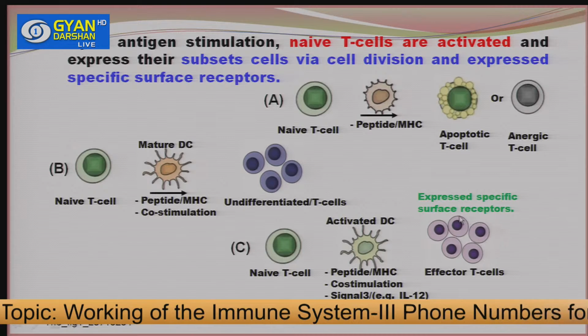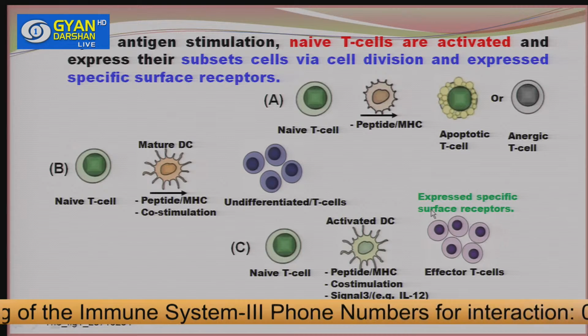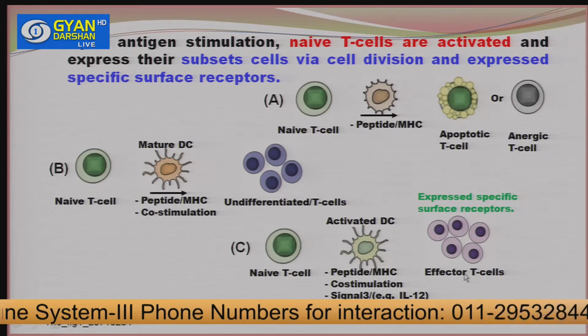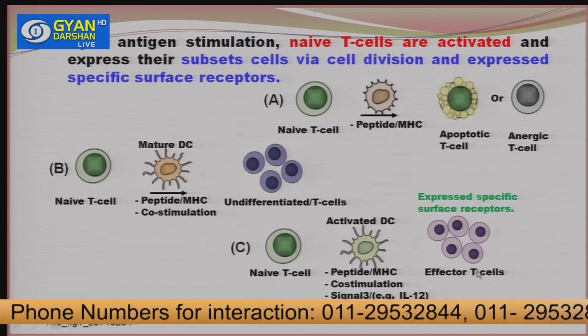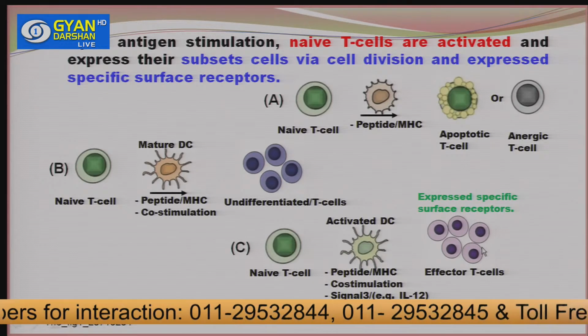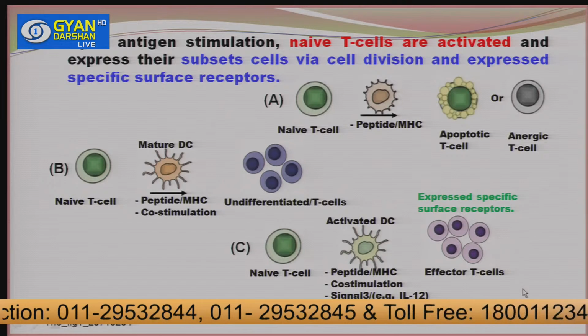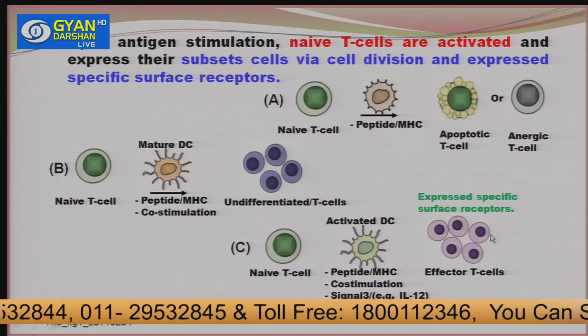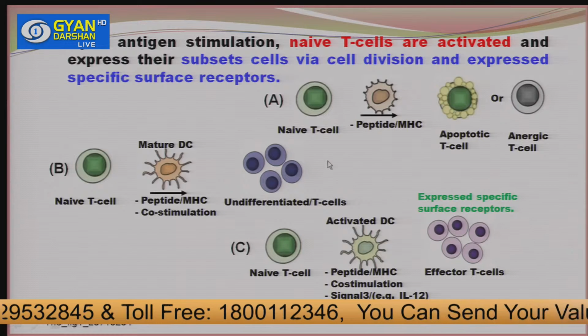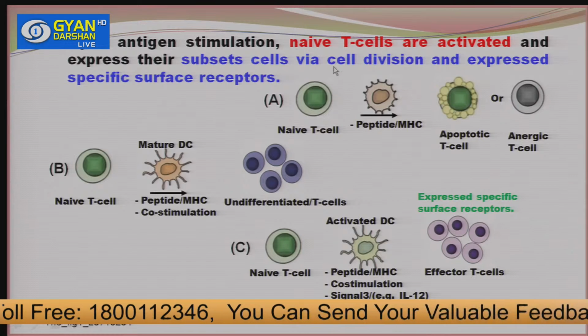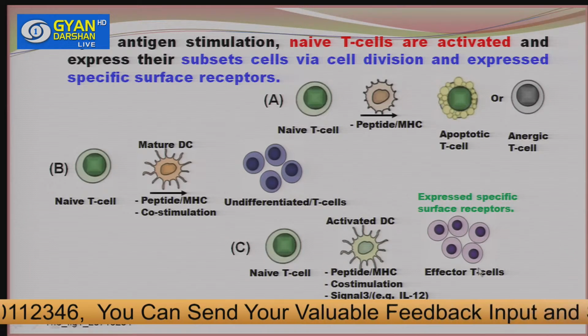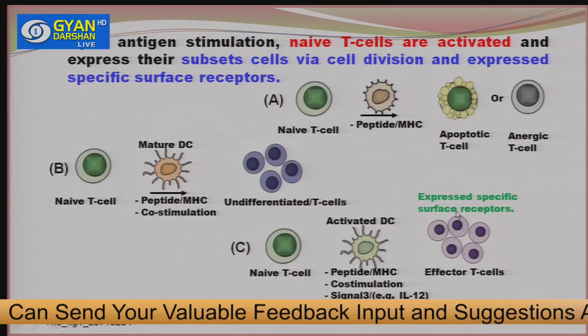The effector cells express specific surface receptors, which are involved in T cell mediated immunity, and ultimately they are able to kill the pathogens. So the naive T cells are able to convert into the effector T cells.